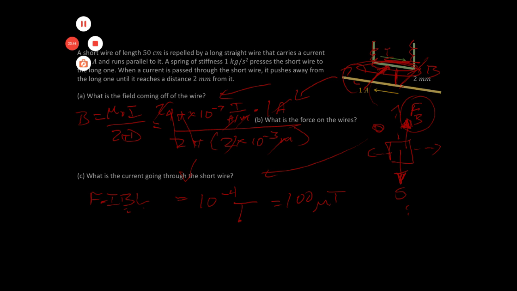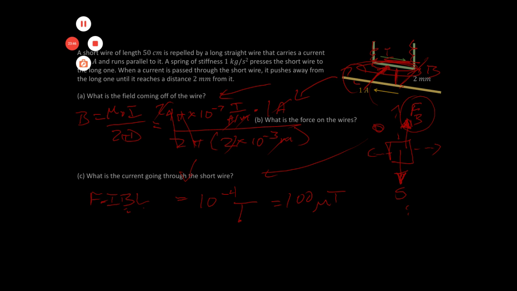EvB is m_p v squared over R, and we can get rid of one of those v's. Just want to find R, so R is equal to the mass of the proton times the velocity over the charge of the proton, which is the same as the charge of the electron, times the magnetic field, which is 1 Tesla.